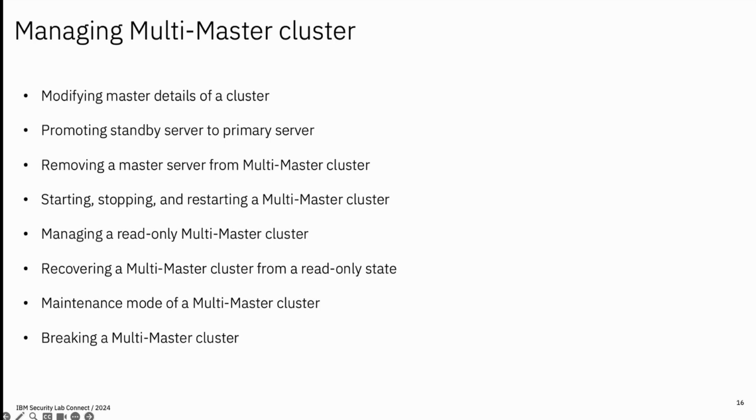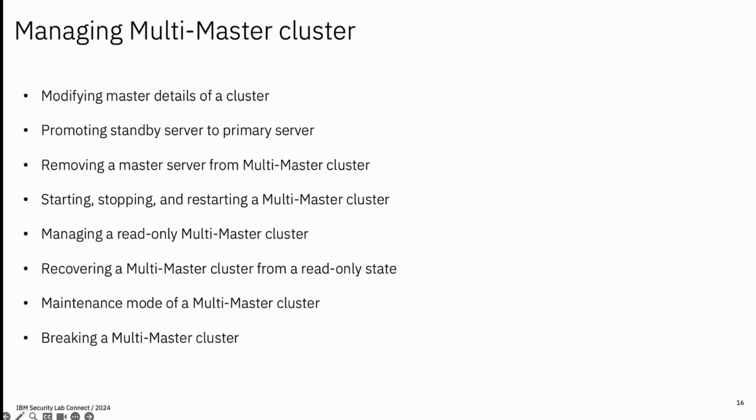Recovering a multi-master cluster from a read-only state. For the cluster to be back in a healthy state, you must complete the HDR recovery actions. I request you to follow the documentation for the detailed steps.